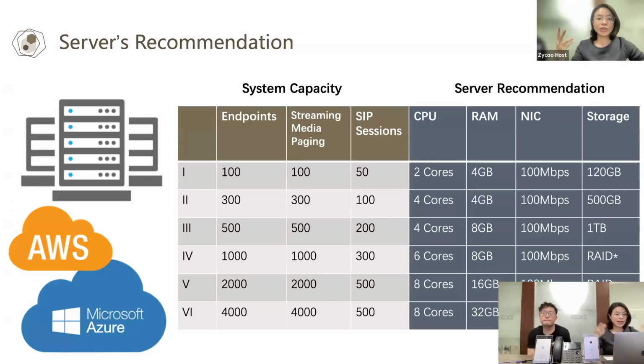And if you have a larger size project, like 500 endpoints, then we need to go with a 4-core CPU and 8 gigabyte RAM, 1 terabyte storage, etc. So it's just a table of the server recommendations for your reference. If you don't know what capacity of server you should get, here is a good reference for you to use.